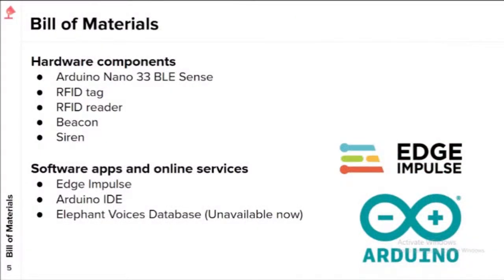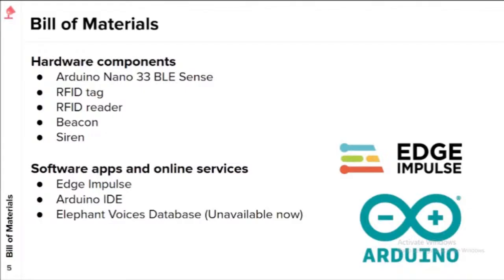So what will be needed for this project? We'll need a few hardware components like the Arduino Nano 33 BLE Sense, although you can use other microcontrollers supported by Edge Impulse, as long as they have a PDM microphone. You'll need passive RFID tags, an RFID reader, a beacon, and a siren. The software apps and online services I used for this project are Edge Impulse, Arduino IDE, and the Elephant Voices database.